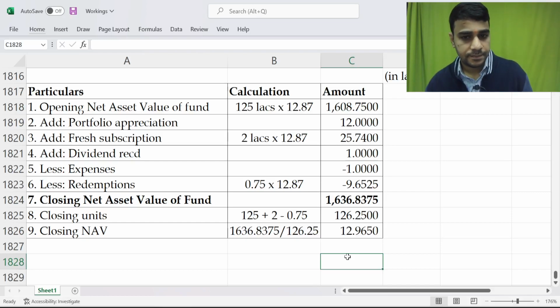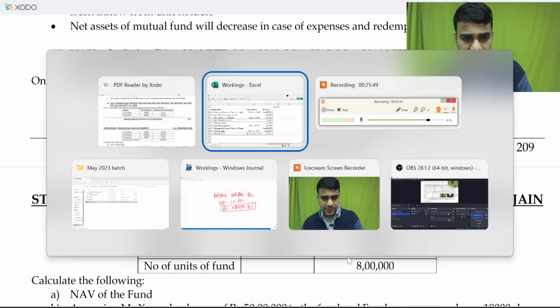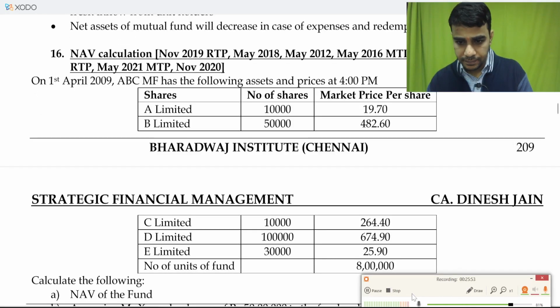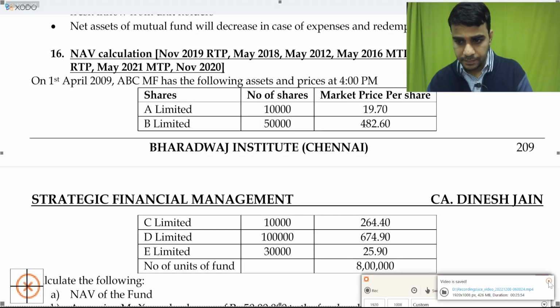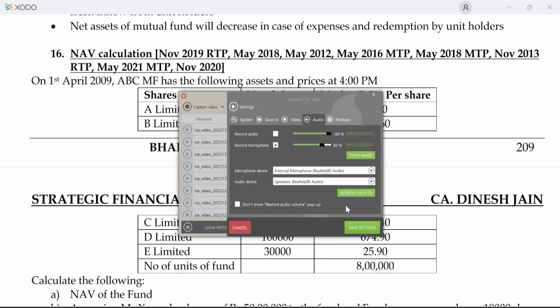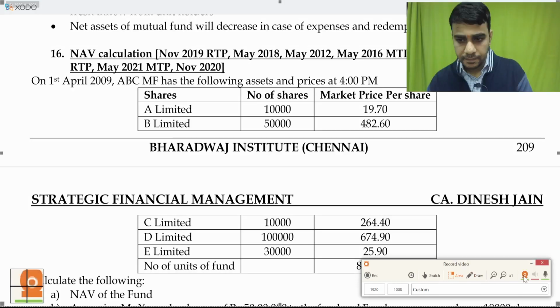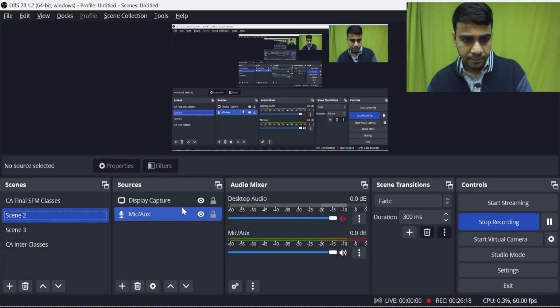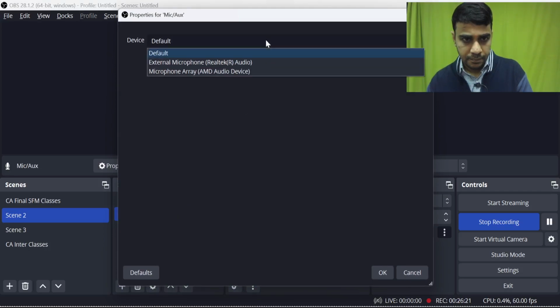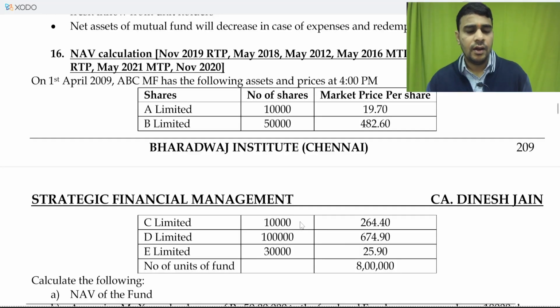Any doubts on this part? Go through question 16.